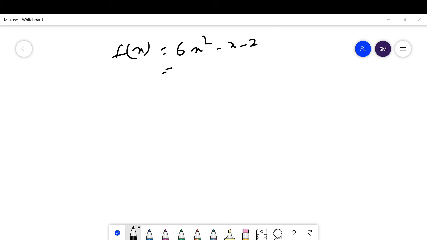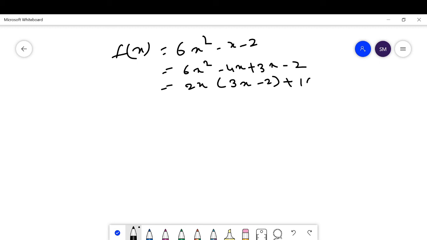You can factorize this: 6 into 2 is 12, so minus 4x plus 3x minus 2. Take 2x common, then this is 3x minus 2, plus 1 into 3x minus 2, so this is 3x minus 2 into 2x plus 1.